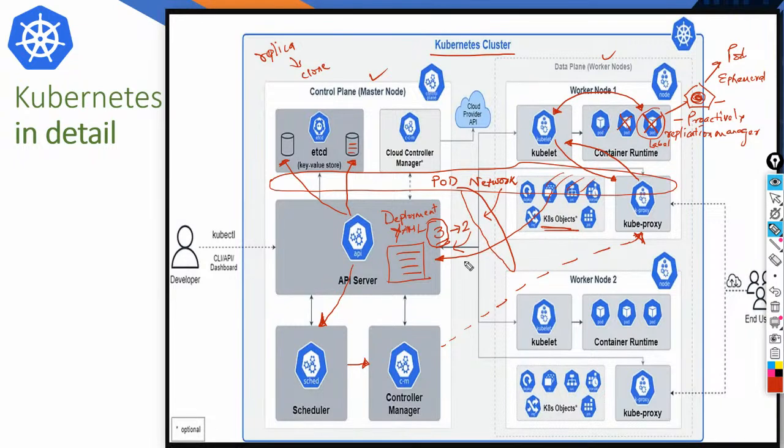What I desired is that at any point of time there should be 3 replicas running for the same application or the same microservice. Any time any one goes down, you have to bring it back to 3 through this data flow.